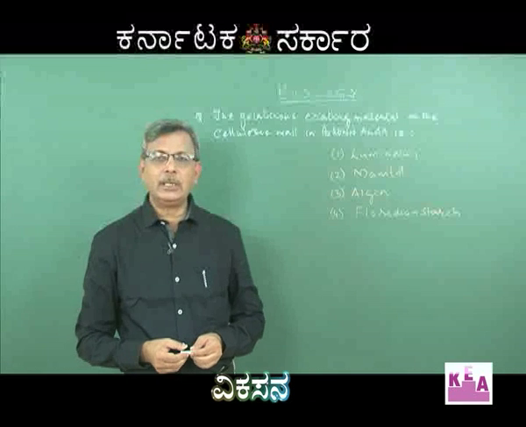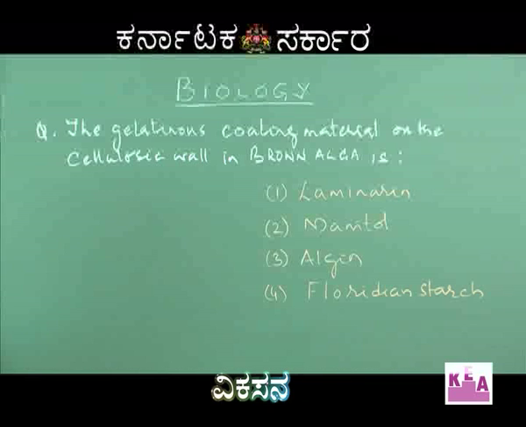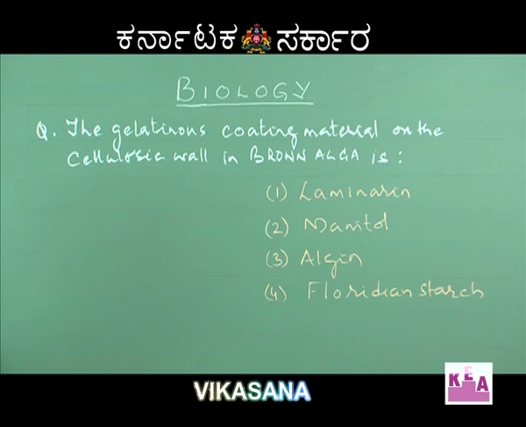Now we come to the next question. The gelatinous coating material on the cellulosic wall of brown alga is. Question is quite simple. Let us come to the options. First option, laminarin.